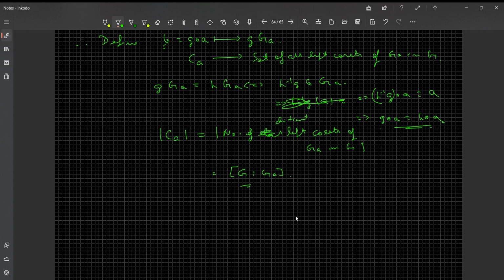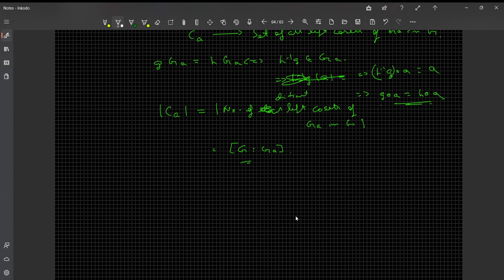Okay, clear? Now the important things to observe here is that, or rather I should give a definition first. So this equivalence class: if a is an element from capital A, then the equivalence class of a with respect to the relation we defined, which is the set of all the elements of the form g∘a such that g is in G. Now this is a subset of A, obviously.